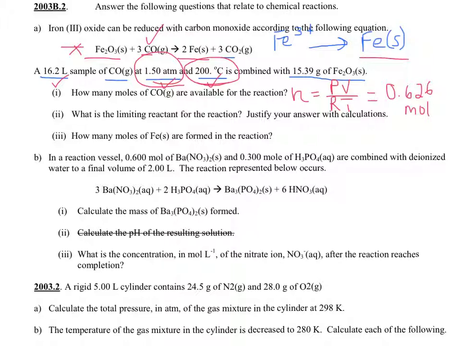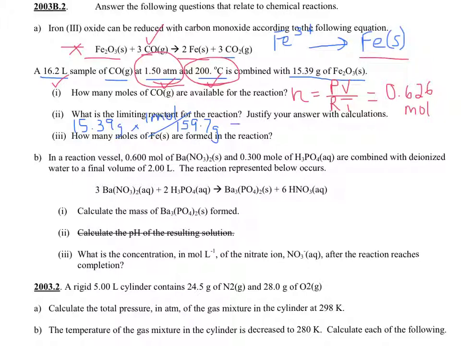So we'll take our 15.39 grams and multiply that by the conversion factor, that is the molar mass of iron oxide. 1 mole over the molar mass, which is 159.7 grams.